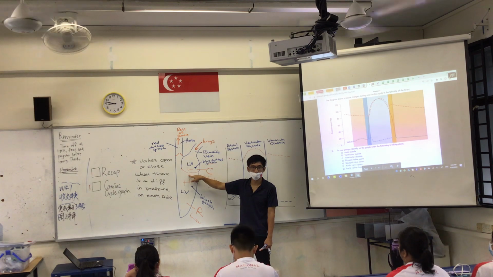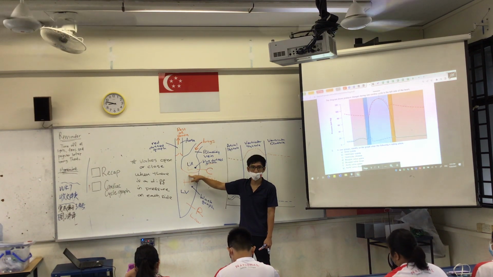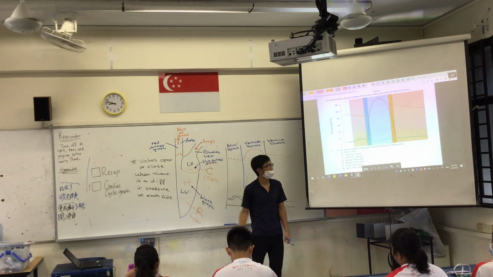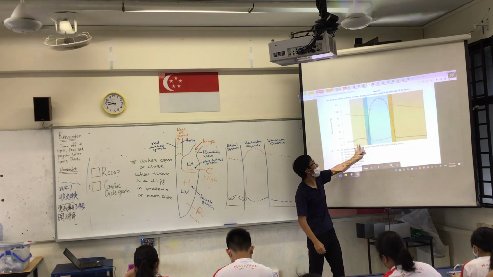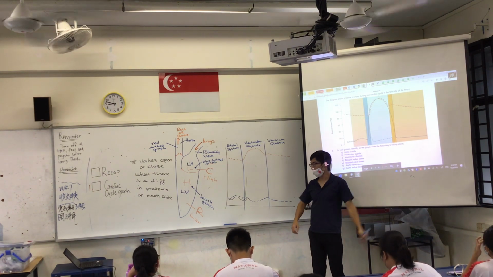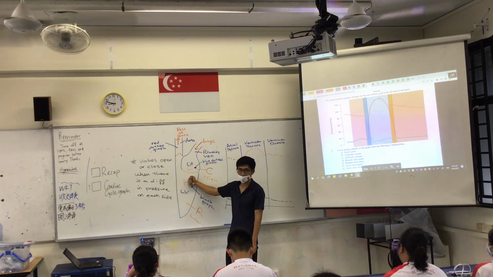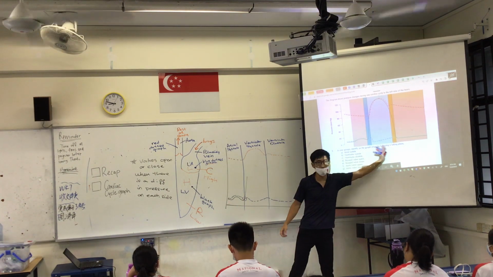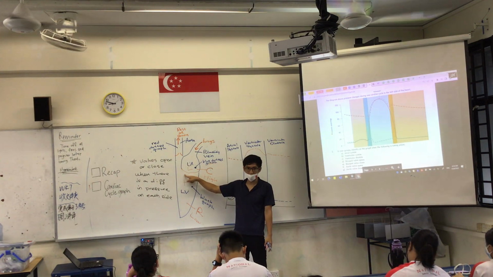Isn't it like every time it's atrial systole, the bicuspid will open? In this phase, right? Oh, no. If you know how the heart works, remember when the ventricle contracts, which is the blue part onwards, this valve should close, right?